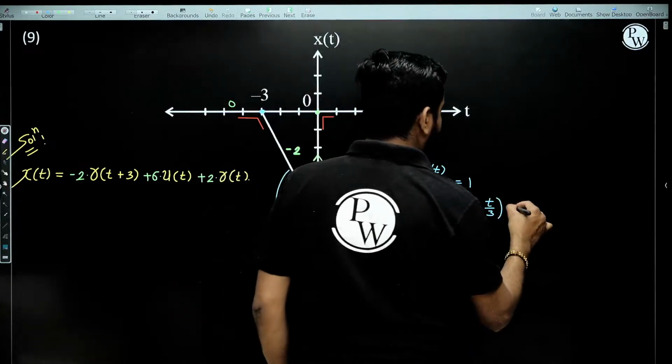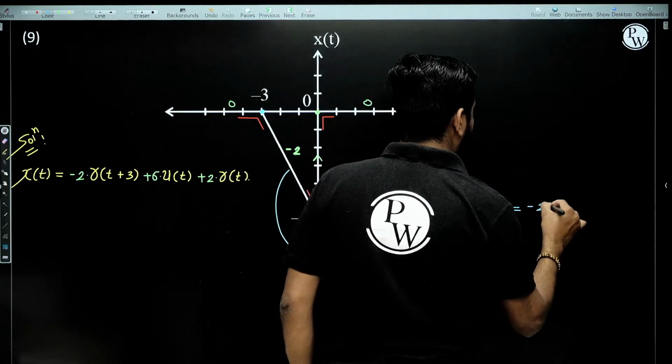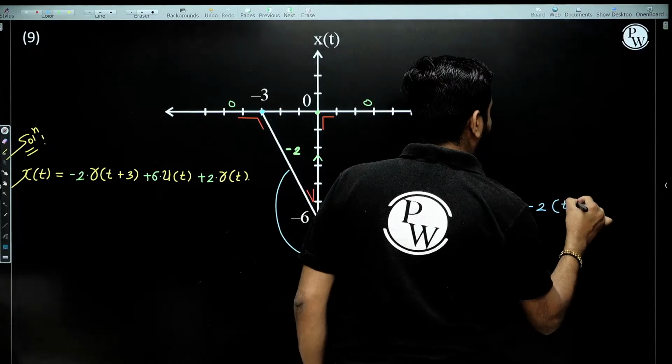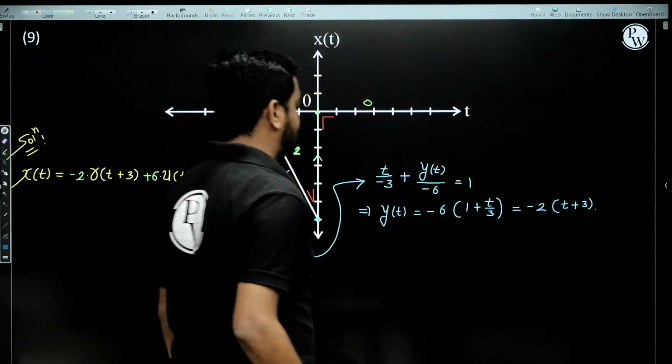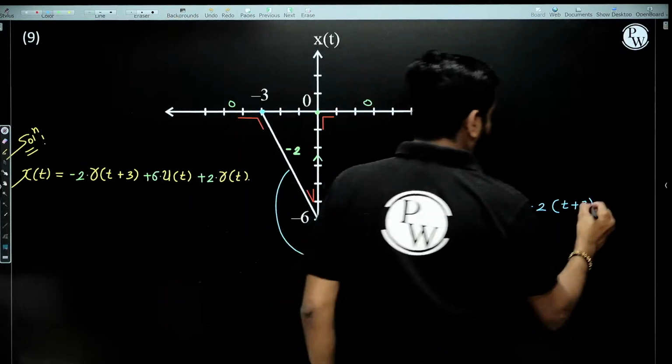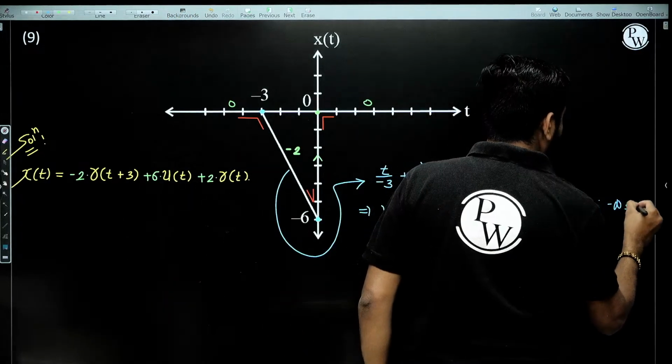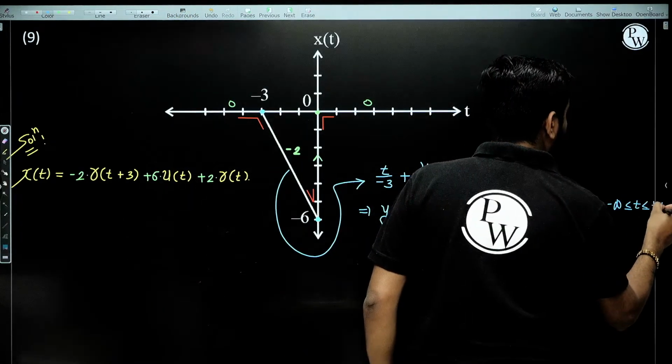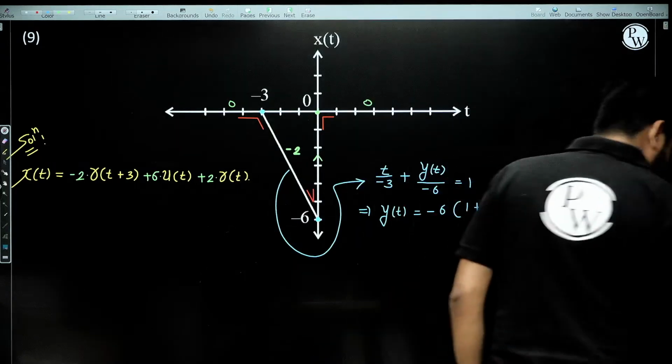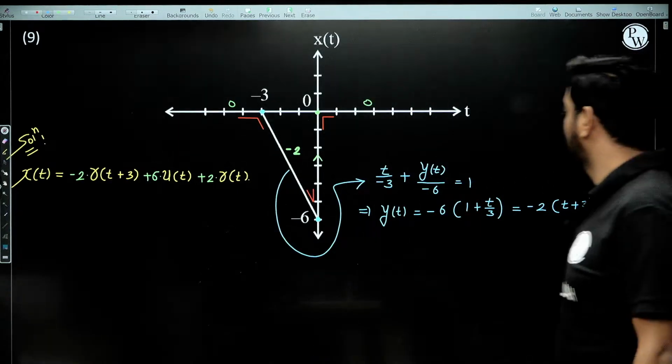If you take LCM, then it will be minus 2 times bracket t plus 3. This is the equation of the line between minus infinity to plus infinity, correct?